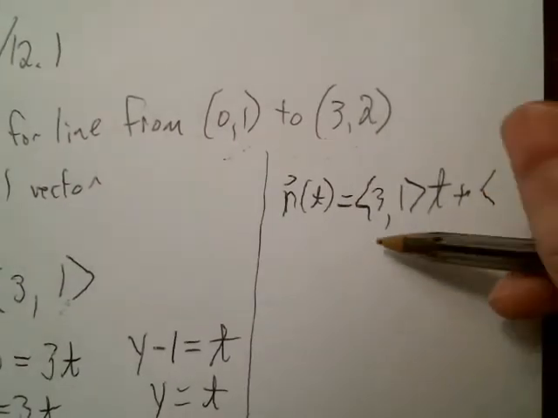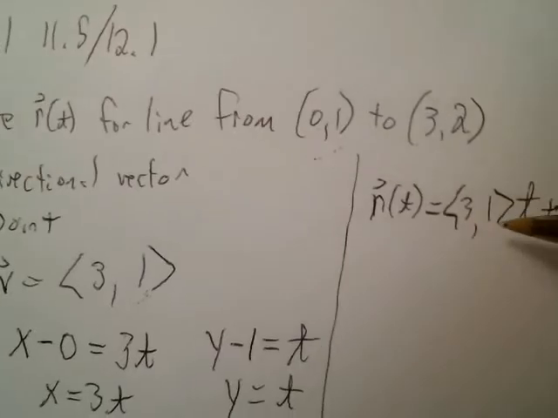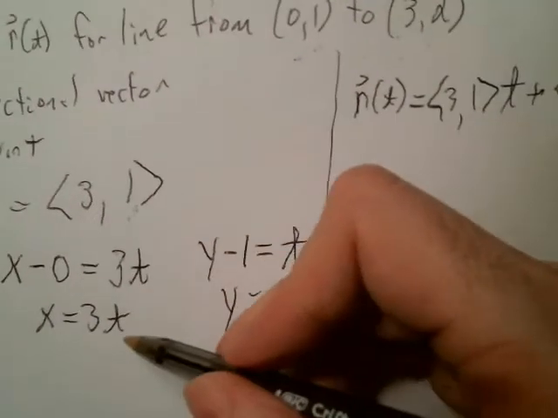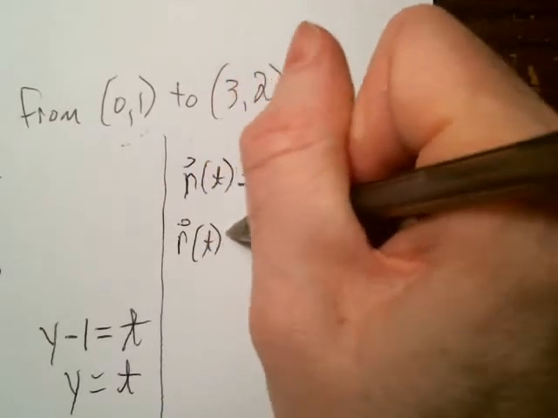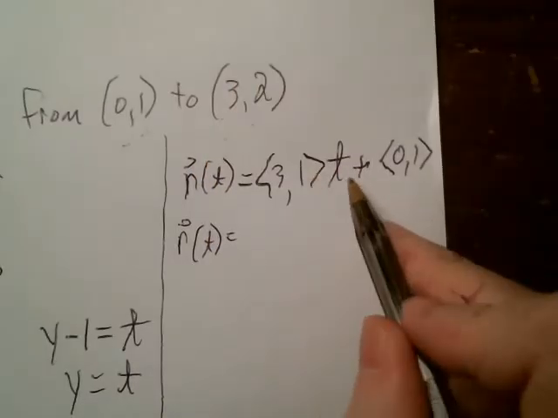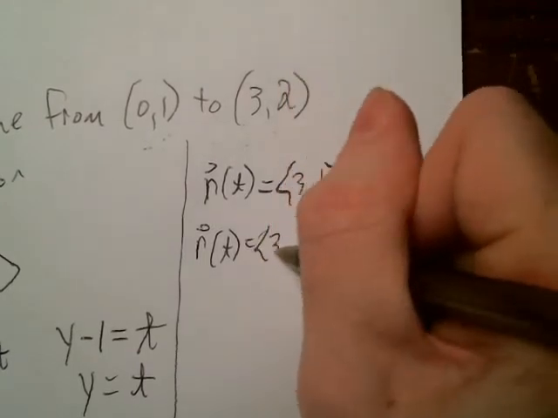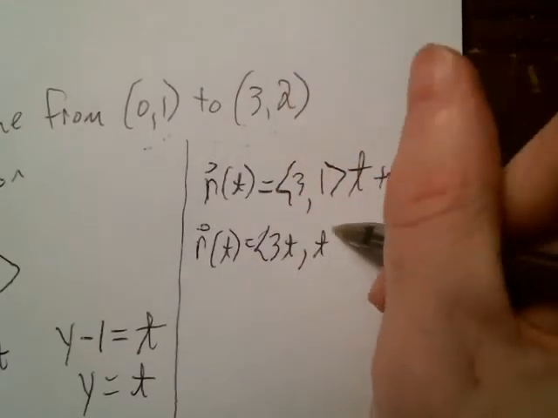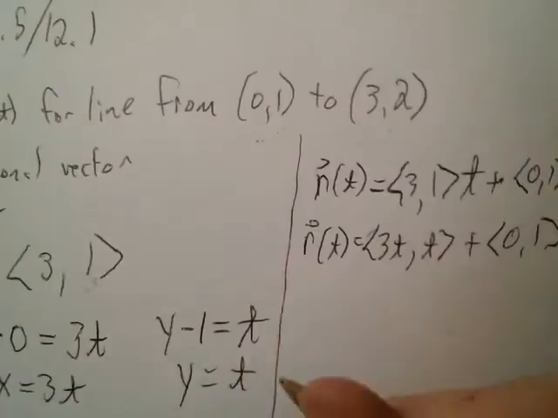Okay? And then your starting place is right here. So it's a lot like slope point form. Then your starting place is 0, 1. Okay? And if you were to take this apart, you could generate this, right? So R of t equals, this is a scalar times a vector, so you just multiply the components and you get 3t comma t, plus 0 comma 1. And I made a mistake over here, right?